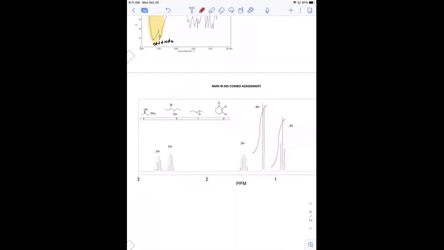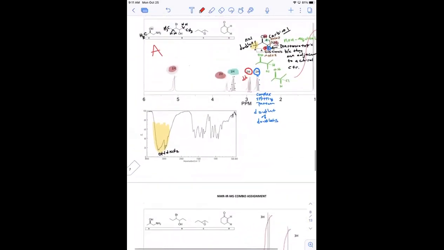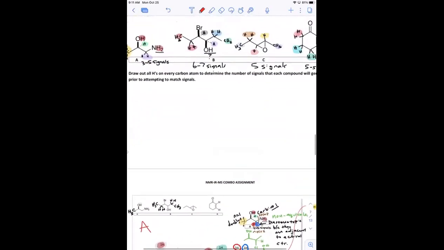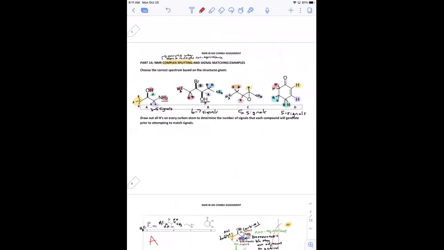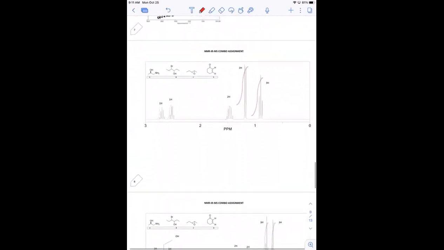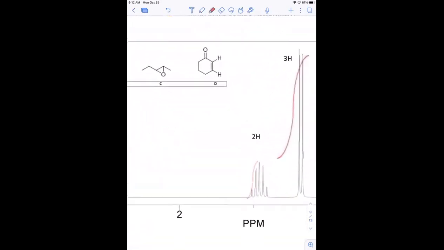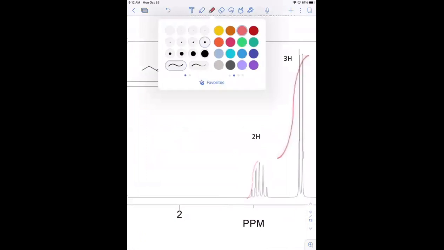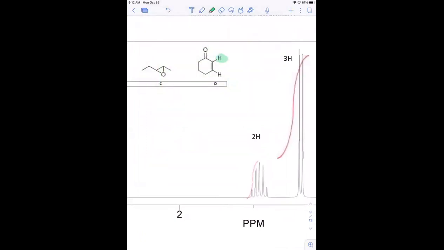Which of the molecules did we predict to produce 5 signals up top? The third one and the last one. So C and D. So what we need to look for to rule out C or D, these protons right here in D, they would show up.